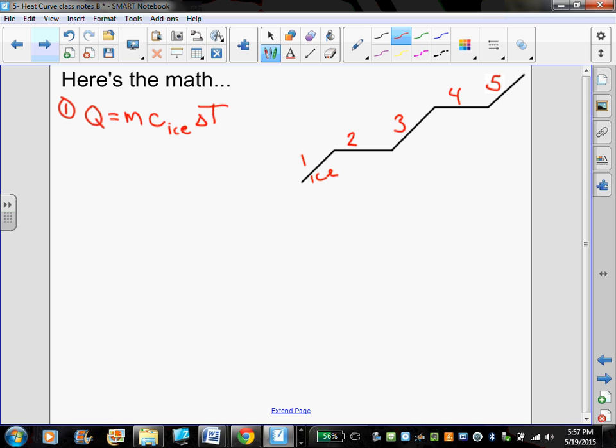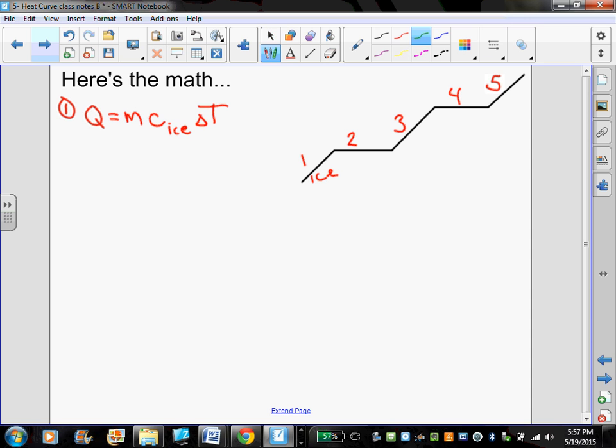And as long as we know 3 of those 4 things, we can calculate the last one. So in problems that you might be receiving this unit, you might know the mass, the specific heat of ice, and the change in temperature. I'm going to ask you how much energy was either put into the system or taken out of the system. I might tell you how much heat was put into the system, the specific heat of the ice, and the change in temperature. I'm going to ask you to tell me what was the mass of the ice that was in there. Okay?